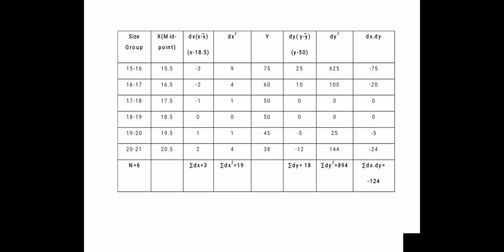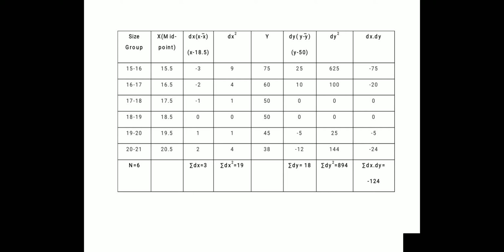That is, x minus assumed mean will give us the deviation of that particular row. So 15.5 minus 18.5 will give us the dx value.